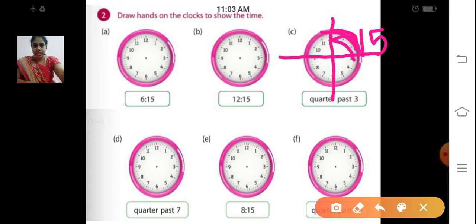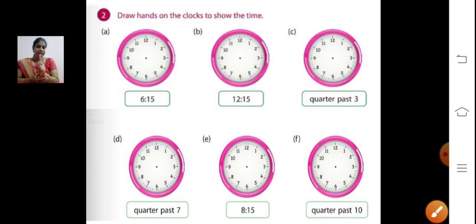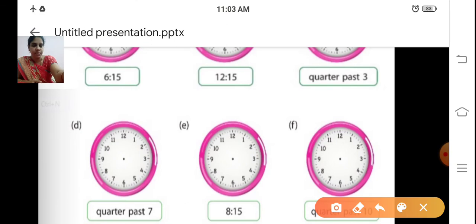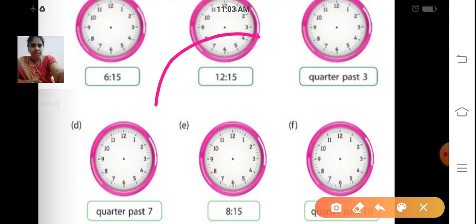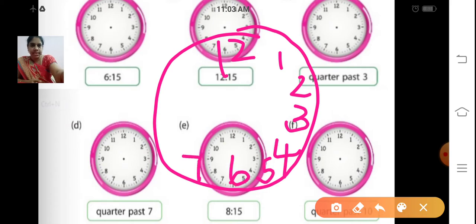So 15 minutes. Now we saw about the clock. It has one face and two hands, right? It has markings with numbers 12, 1, 2, 3, 4, 5, 6, 7, 8, 9, 10, 11, 12, right?